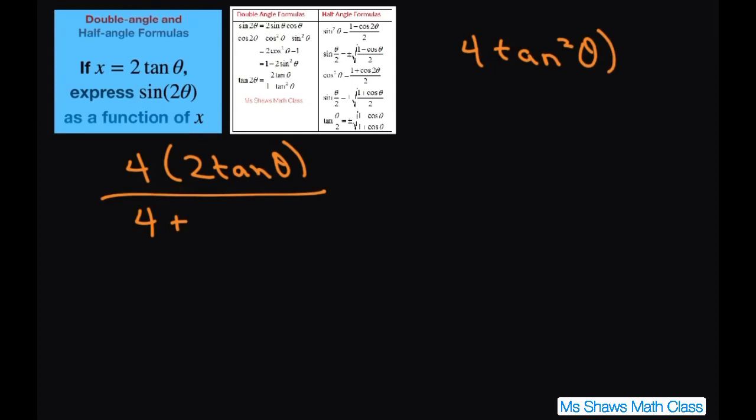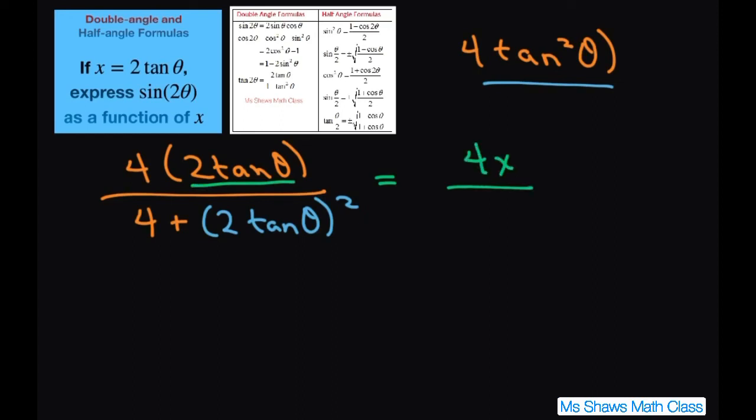I can rewrite this as 2 tan of theta squared. That's your ultimate goal to get all the trig out. So we're not going to have a trig. We know that 2 tan of theta is x. So we have 4x divided by 4 plus x squared. There's no trig. Everything is a function of x.